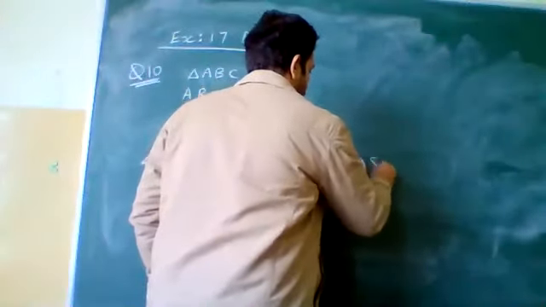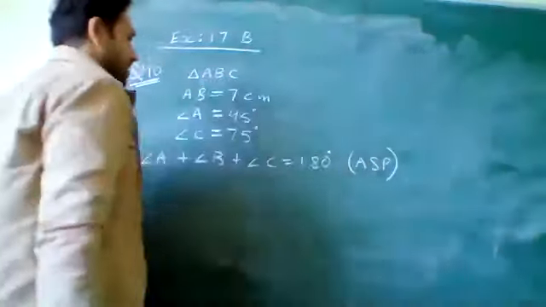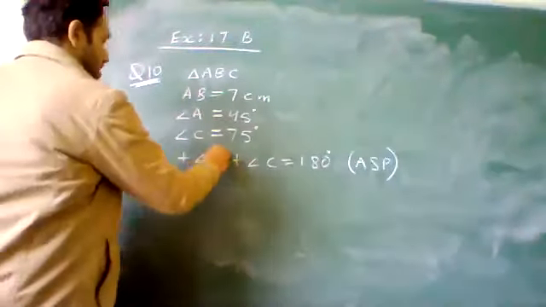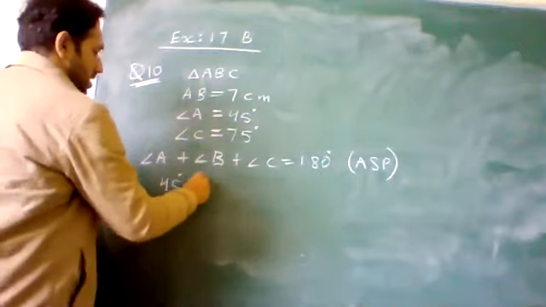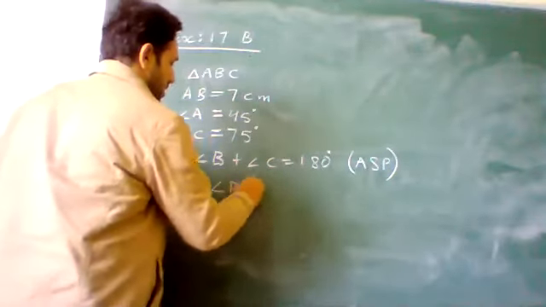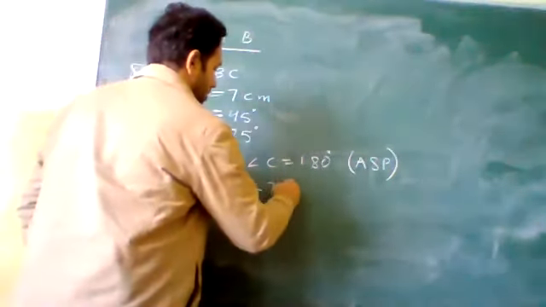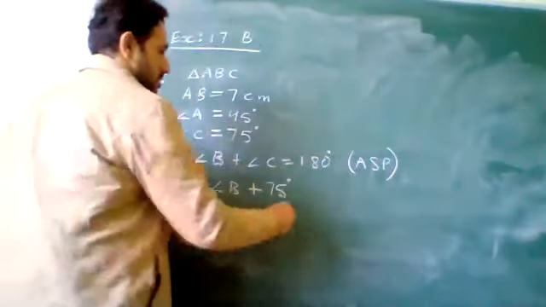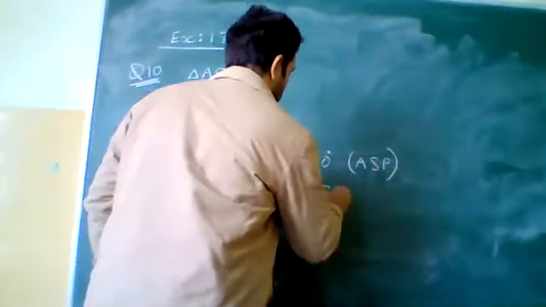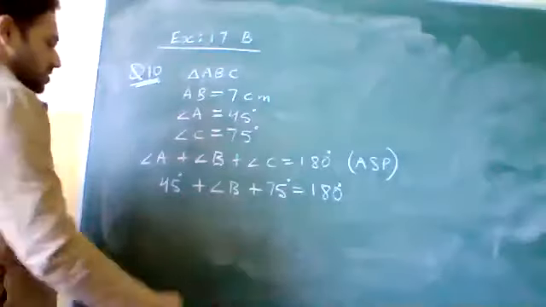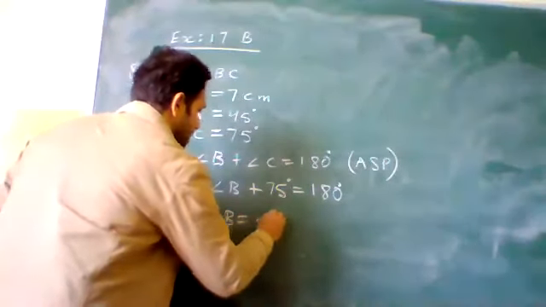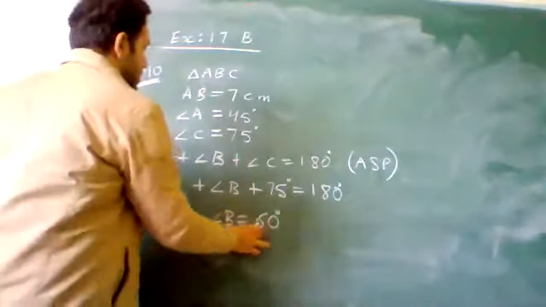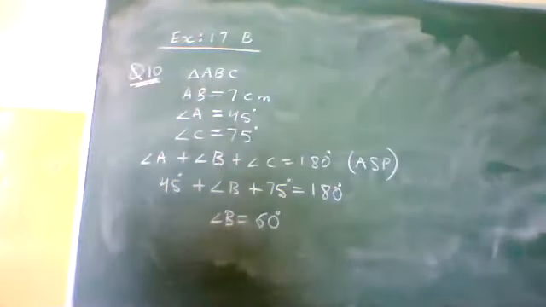Angle A is 45, angle C is 75, and the sum is 180. So if you solve this equation, you will get angle B equal to 60 degrees.